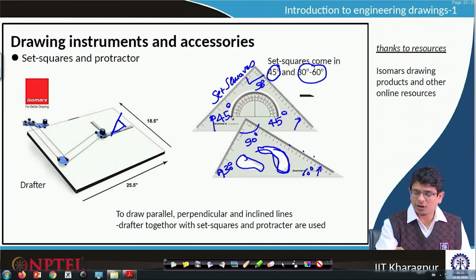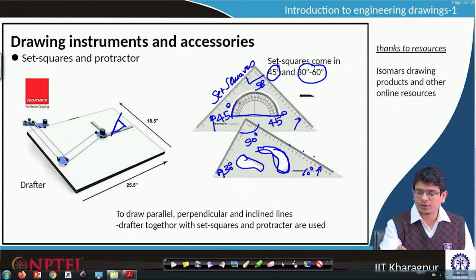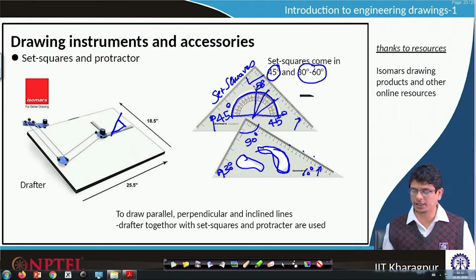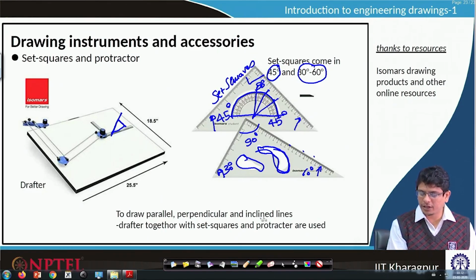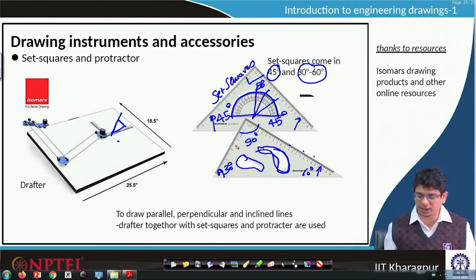The other essential component is the protractor, through which one can note the inclination angle made by that point. To draw parallel, perpendicular and inclined lines, we use this drafter along with set squares.